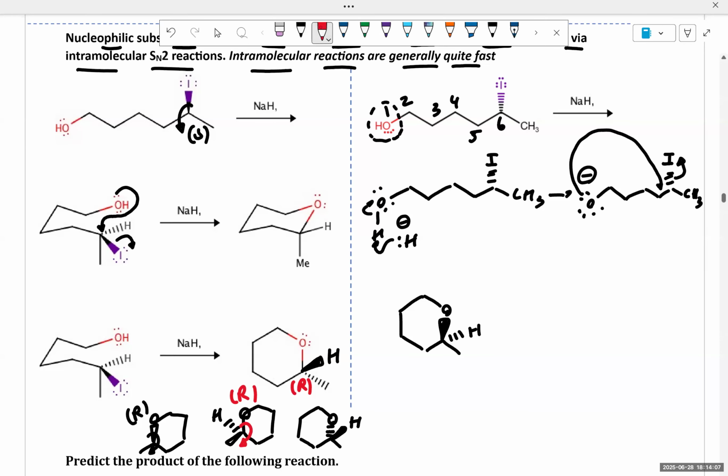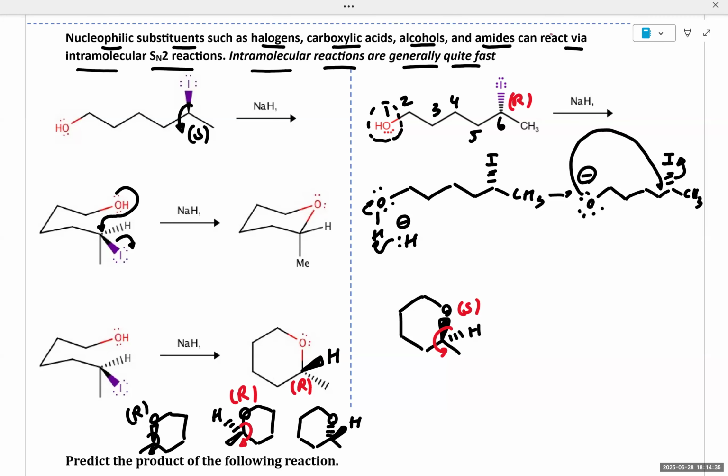Just as a check, this is going to be an R stereocenter because it's the opposite to this S stereocenter reactant we looked at previously. And in the product, we have an S stereochemistry. So this SN2 reaction occurred, we got inversion of stereochemistry, and all is right with the world.